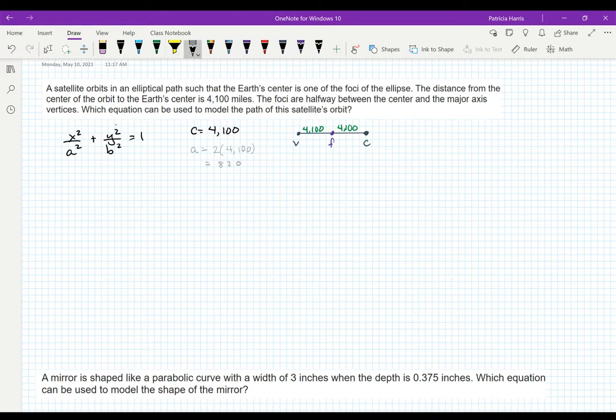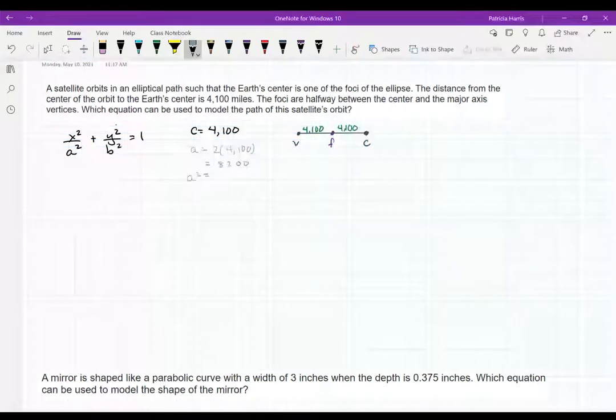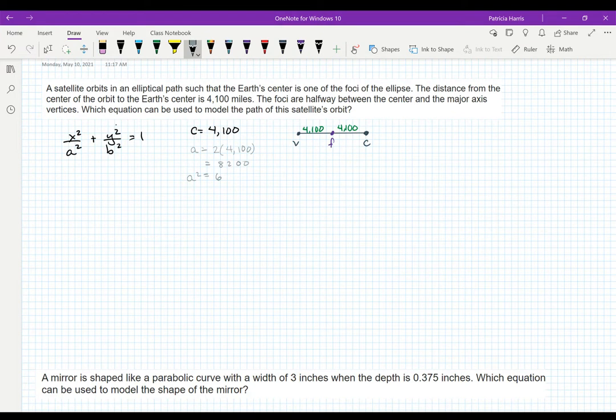Which is 8,200. So if I square that, I get a fairly large value. 67,240,000.